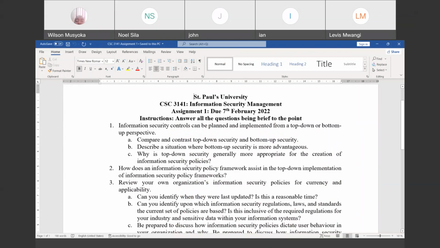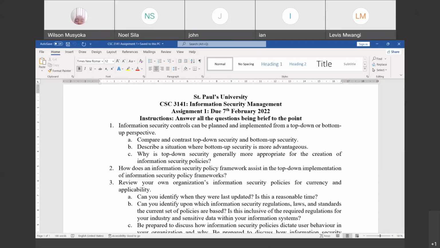Then when we are talking about bottom-up security, we said that is a reactionary kind of security implementation, whereby the employees at the lower level of the organization identify risks, and then they come up with a security framework from that level of the organization, then cascading upwards.